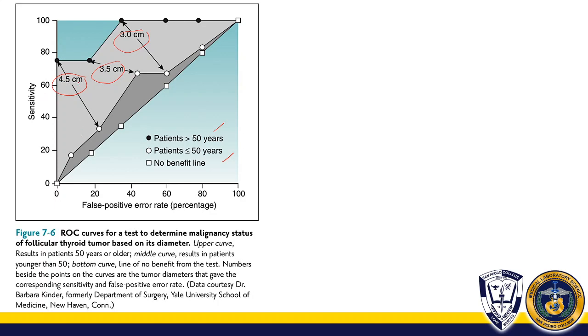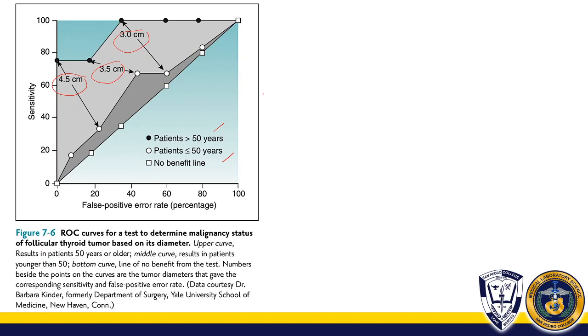How about kay 3.0 centimeter? Nasa 100% na ang sensitivity sa mga tigulang, pero ang atong tan-awon ang false positive error na almost 40. Whereas sa mga bata, ang 3.0 cm diameter sa tumor nasa mga 60, ug ang false positive error nasa 60 pod.